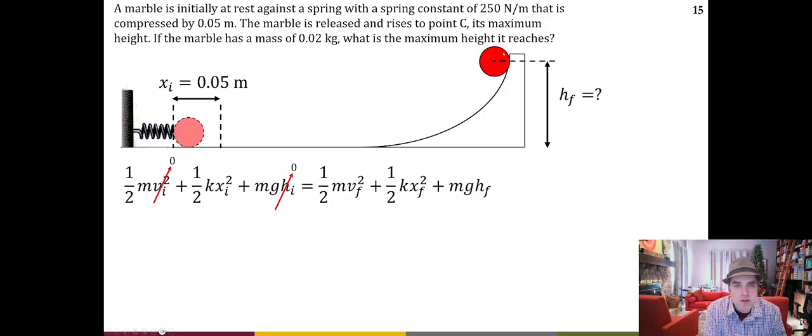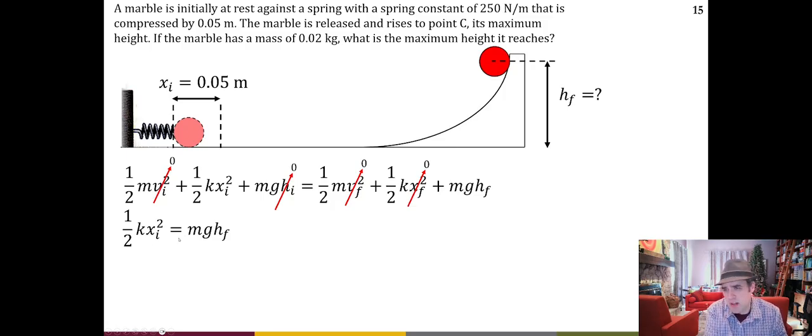At the highest point over here, the final velocity is zero, and so the final kinetic energy is zero, as well as the spring is going to go to rest. That is going to go to its equilibrium position here, isn't it? So after the marble leaves, the spring is going to go to its equilibrium position, so x final is going to be zero. So 4 of these terms are gone, and all we're left with is our initial spring potential energy equals our final gravitational potential energy.